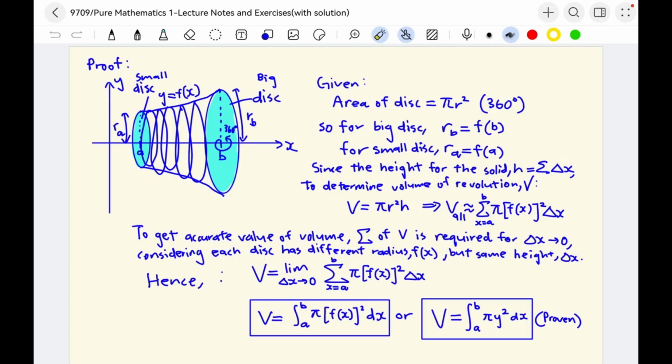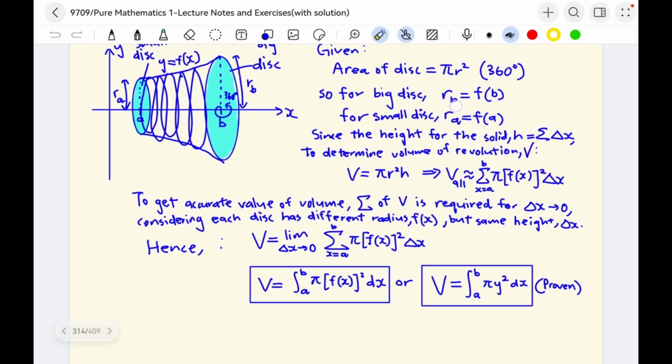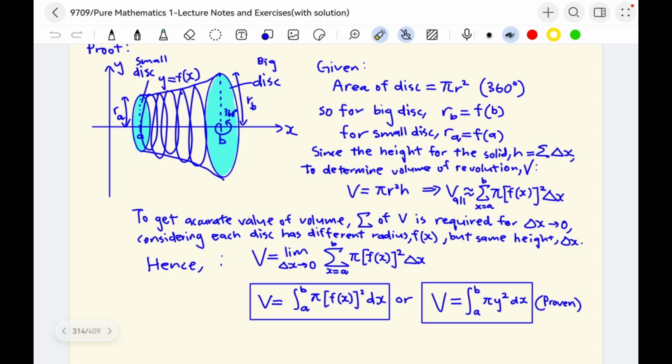You add up each small change of the width, getting smaller and smaller until the smallest disk. Since we can't determine exactly how many disks are in the combined solid, we have to use integration to maintain its accuracy.